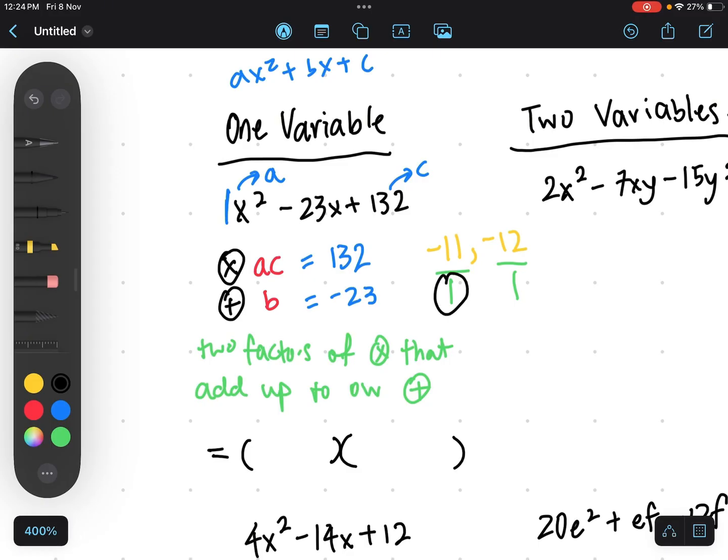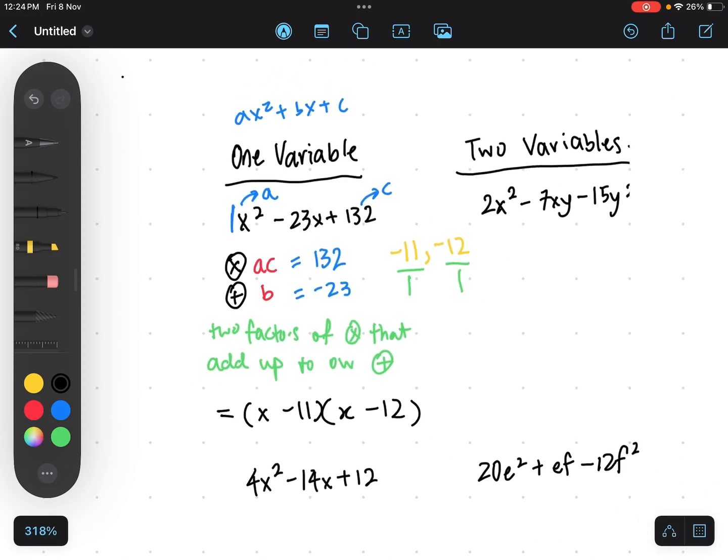What's closest to a? x, right? So it'll be x, 1x, because it's over 1. So x times 1x equals x squared. And then minus 11 is our c term, a constant, so it's just minus 11. And here is the 1x again, so we just write x. And minus 12 is our c, so minus 12.